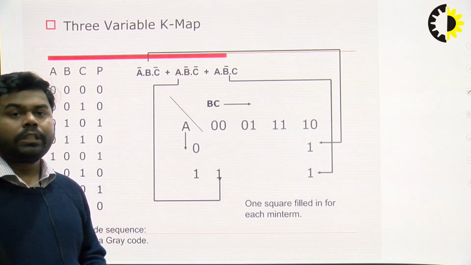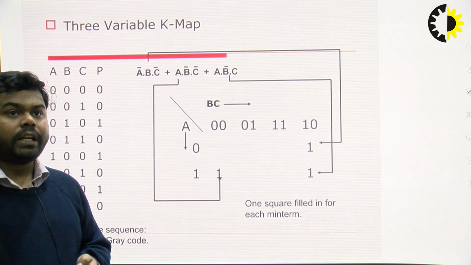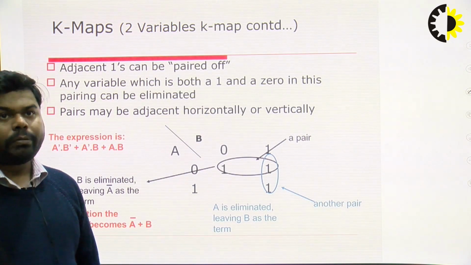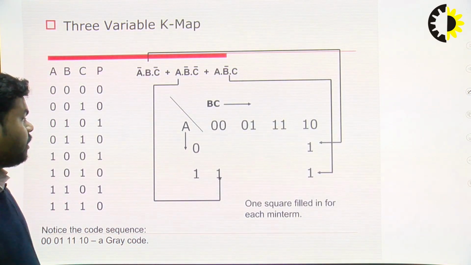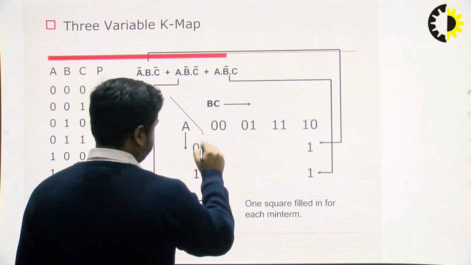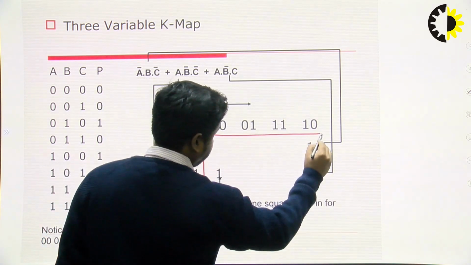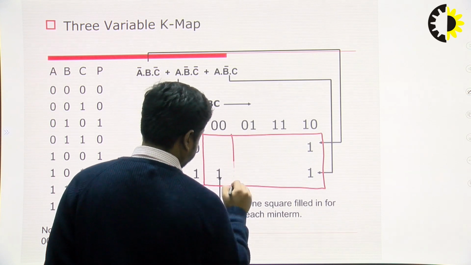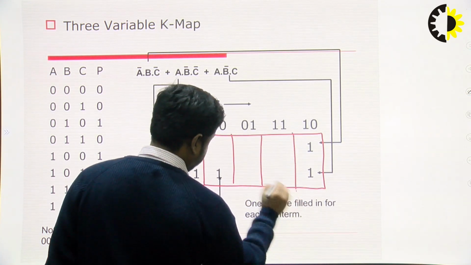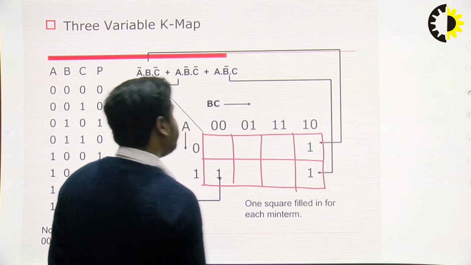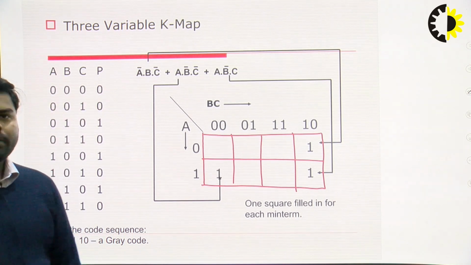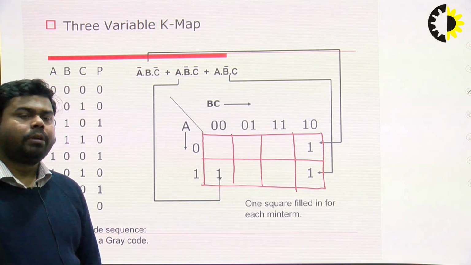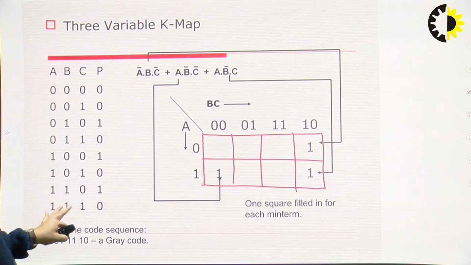Now in the previous slide, as I have told about the two variable, this is the three variable. This is the K map, three variable. You can write one element anywhere, but this is the given truth table.